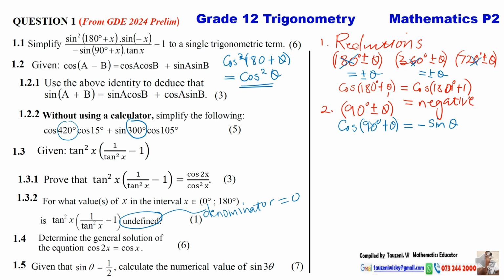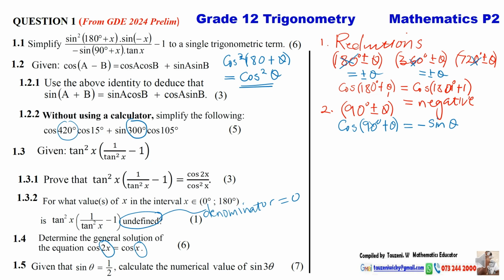Then number 1.4, we spoke about general solutions. Two ideas there. Number 1, you must make sure that the angle size is the same. Cos 2x and cos x. There is x and there is 2x. That's a problem. That means we must substitute cos 2x using the double angle identity.